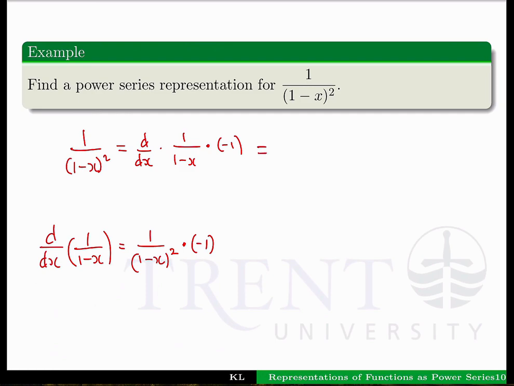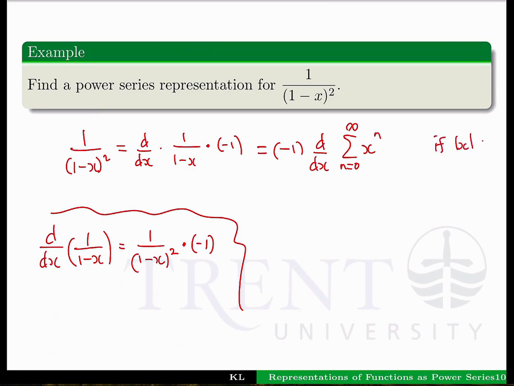So this one equals negative 1 times the derivative with respect to x of the sum x to the n from 0 to plus infinity. So here, if absolute value of x is less than 1, this one equals what? Negative sum from 0 to plus infinity of the derivative with respect to x of x to the n.